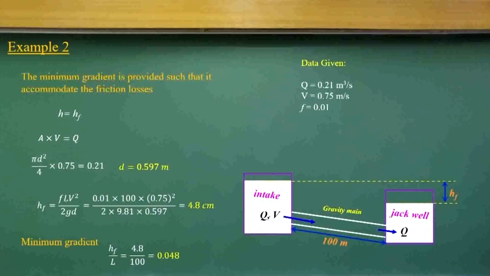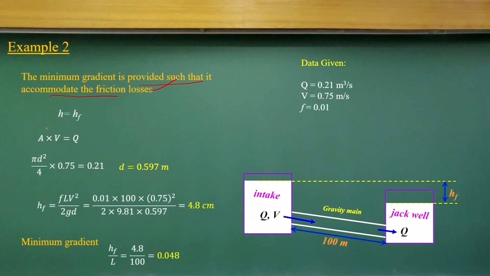If you do not provide the minimum gradient, then water will not flow through. That is the very basic concept here: the minimum gradient is to be provided such that it accommodates the frictional loss. That is the trick of the problem.